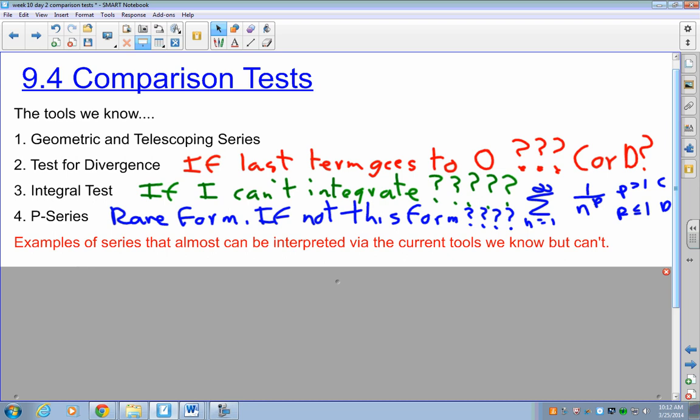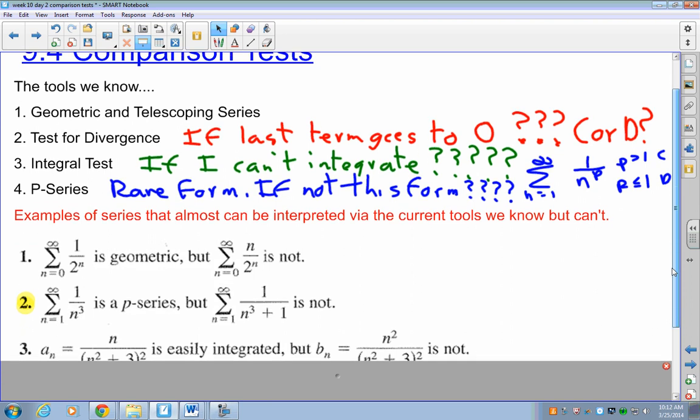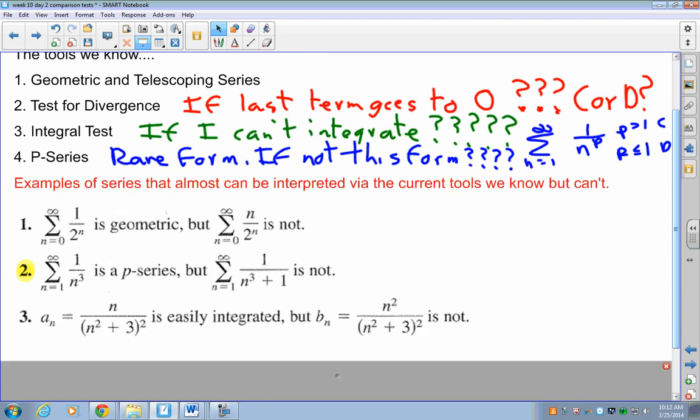To preview that tool, let's take a look at these. These three, you have no idea how to do. You know how to do the left ones. Anything on the left you can do. One of them's geometric, one of them's the p-series, and one of them you can integrate. But any of them on the right, you can't do.